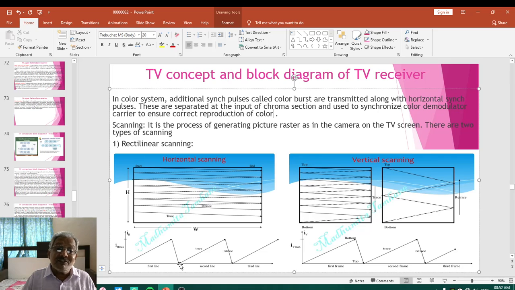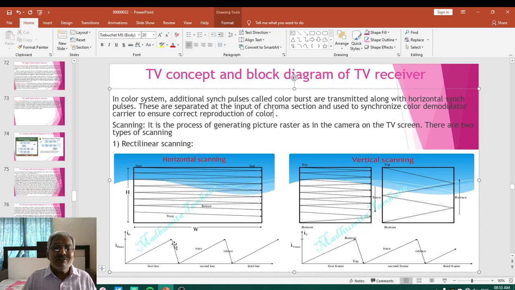This is called the retrace period. So during the trace period, when the current through the horizontal deflection system increases from minimum to maximum, the spot moves from left to right. And when the current decreases, the spot moves from right to left. So this will continue for 625 lines.